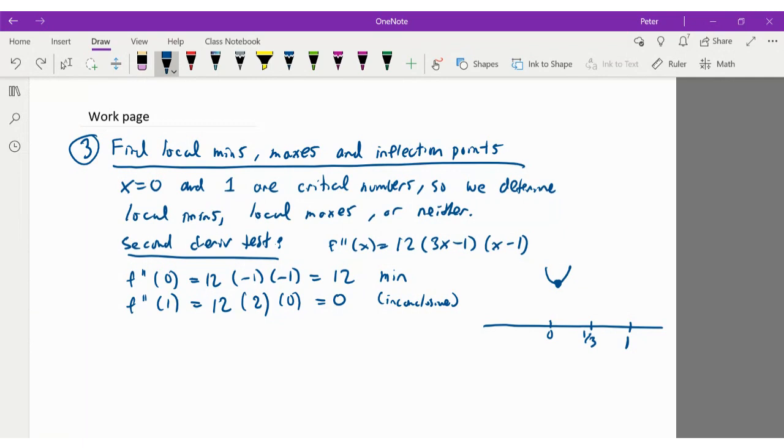I want to test the point 1. So I'm going to put in 1/2 and 2. I'm just going to pick 2 points on either side of 1. Let's go to the first derivative test.